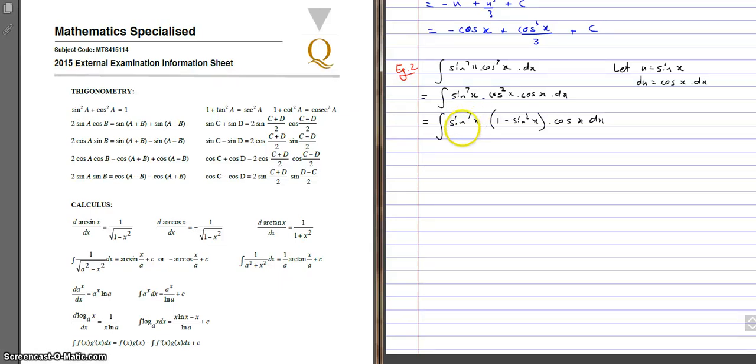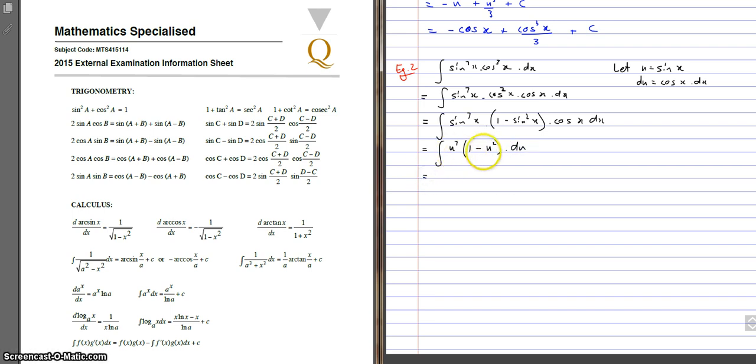Okay, so when we do that, we can now substitute our sine x with u and replace cos x dx with du. So the sine to the power of 7 x, that's u to the power of 7 times 1 minus u squared du.